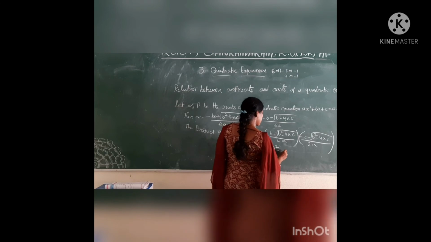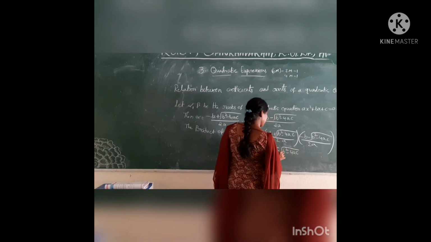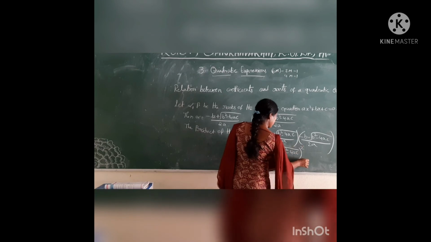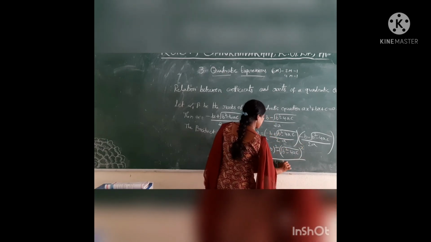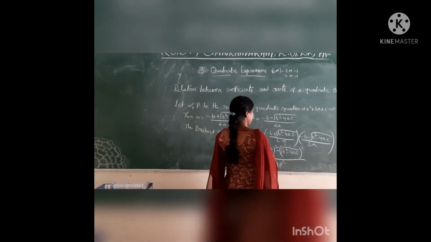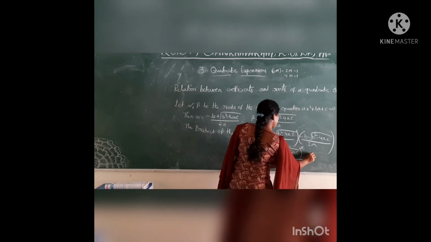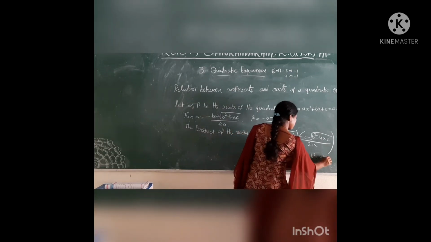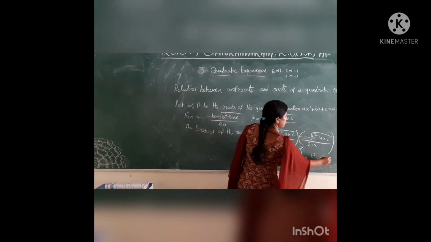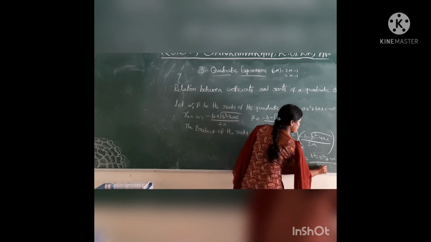A square minus b square, by 2 into 2, 4a square. The b square and b square cancel, and minus into minus gives plus 4ac, by 4a square.